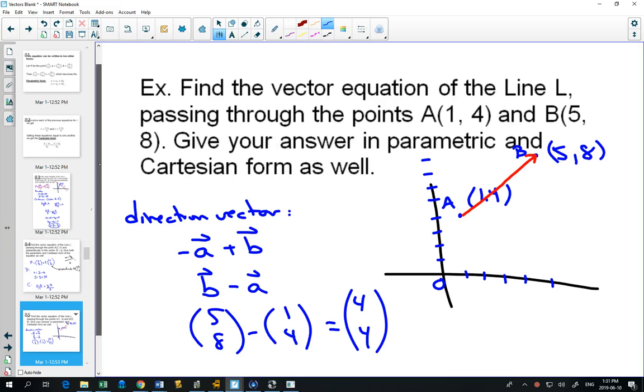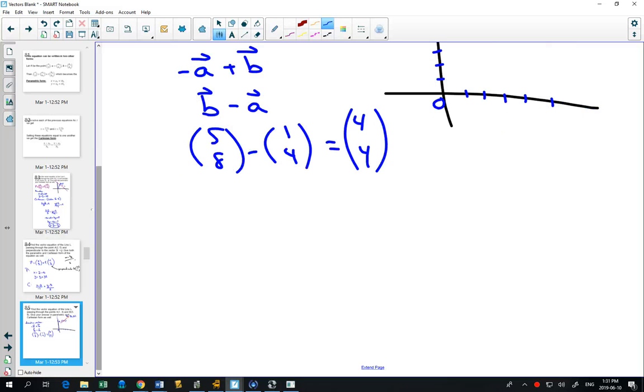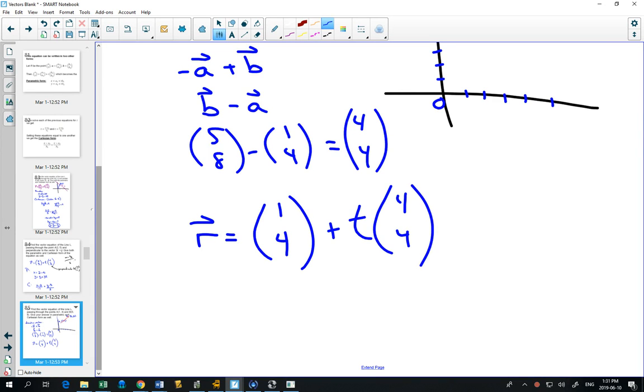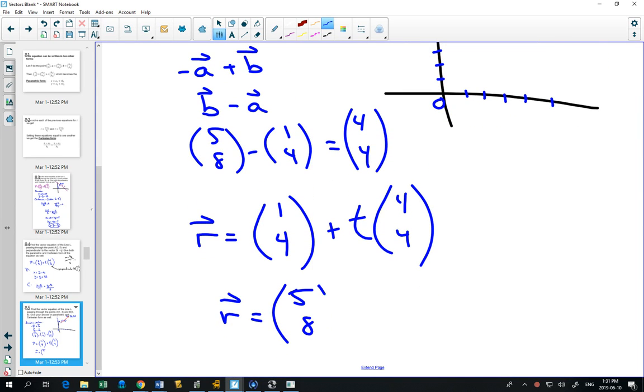Now, when I write the equation of the line, I would pick any point. So let's say I went around and someone had chosen (1, 4) plus t, and then they put their direction vector. And then somebody else had said, well, you're wrong. This is what I have. I have (5, 8) instead, plus t(4, 4).